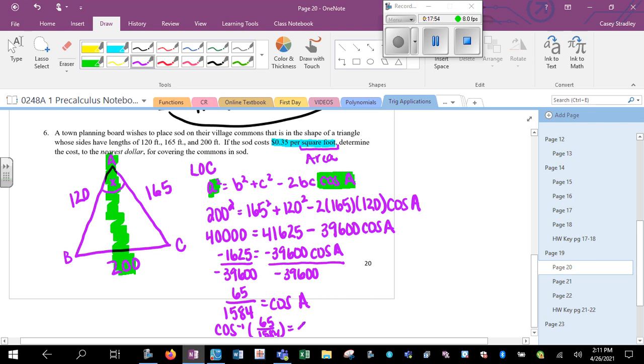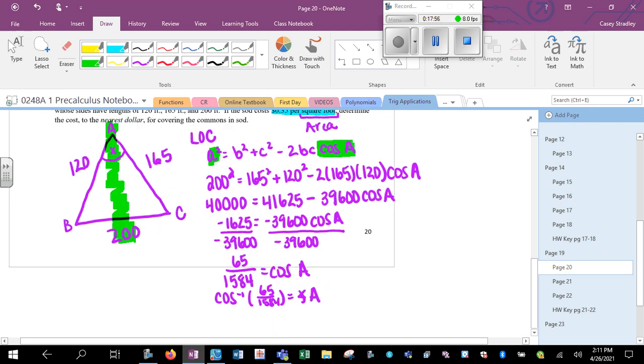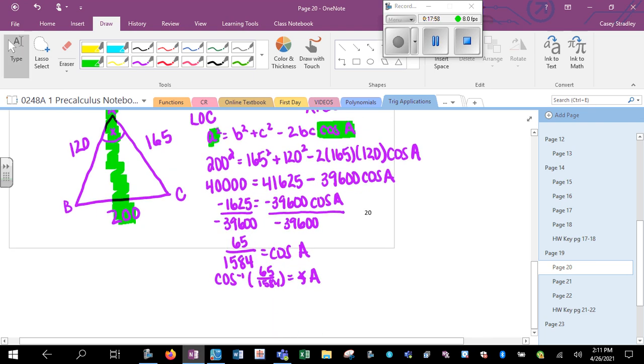Leave that in there to get angle A. So inverse cosine results in an angle of approximately 87.648 degrees. And then that entire angle, no rounding, so put the dot, dot, dot there because you want to use all your values, is going to then give us our area.